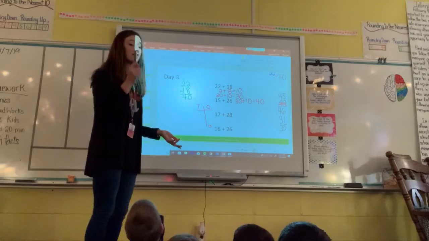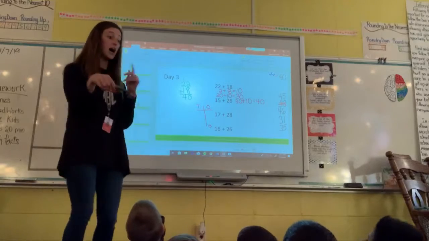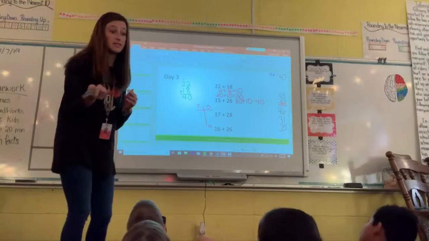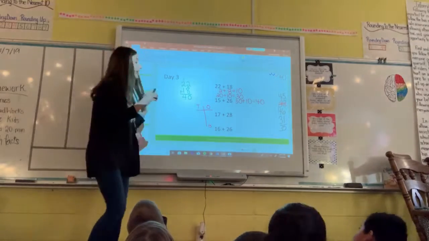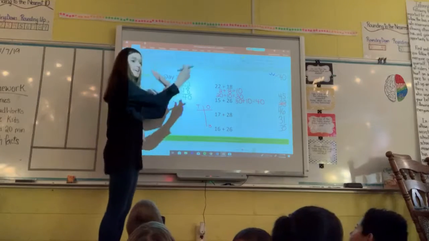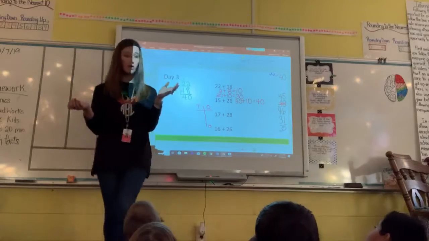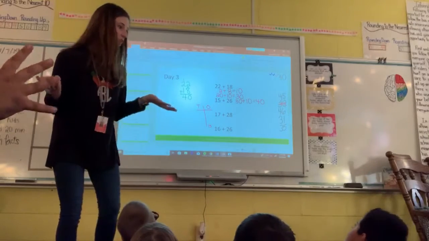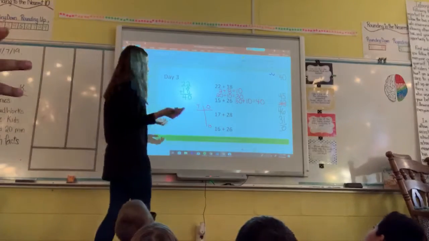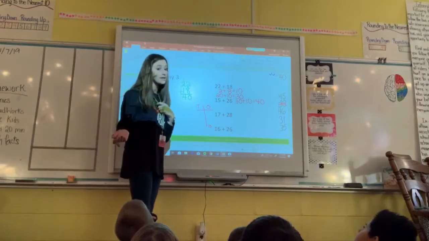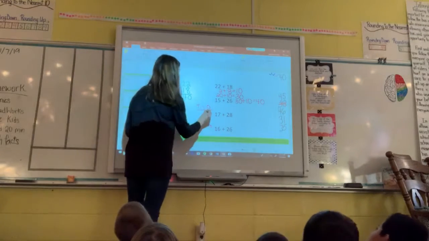Okay, that's a common thing that we all struggle with sometimes. Instead of making our 10 and making sure that we have those leftovers still in the ones, we forget about those leftovers. So how many would we have still in the ones? 5. We'd still have 5.